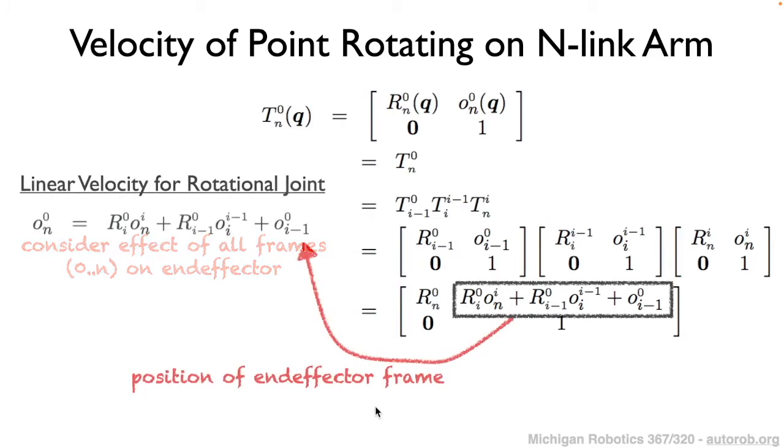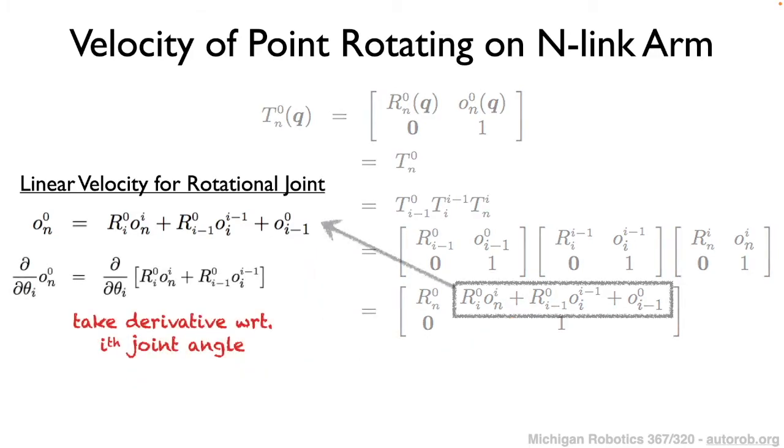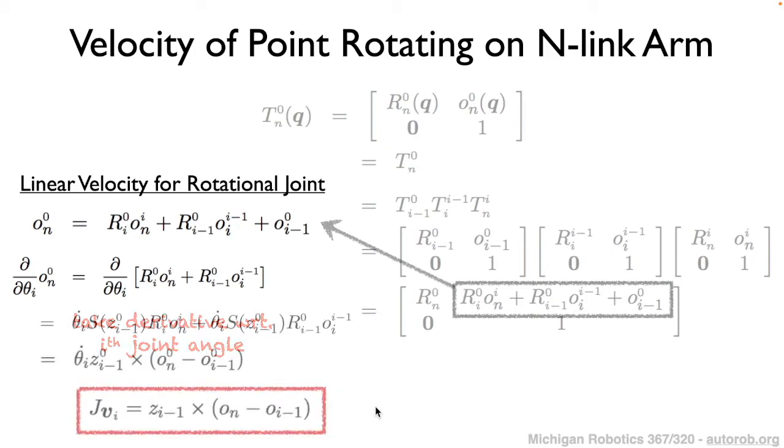Based on this, we can pull out just the positional component of this transformation, which denotes the position of the end effector with respect to the world coordinate frame. At that point, to find the corresponding Jacobian, you take the partial derivative of this position with respect to one particular joint angle. Taking the derivative of this with respect to the ith joint angle will end up resulting in the cross product form that we found for our linear velocity component of the Jacobian.